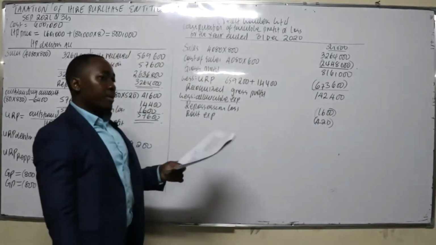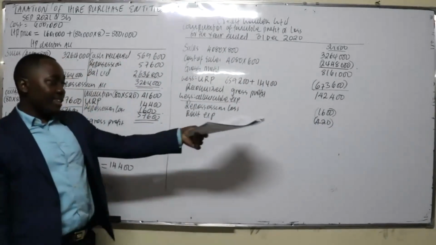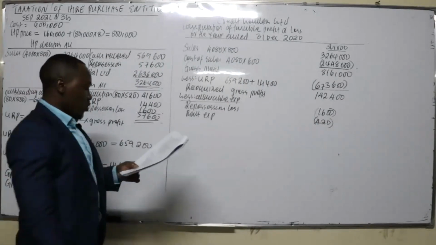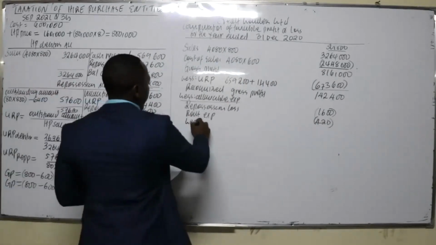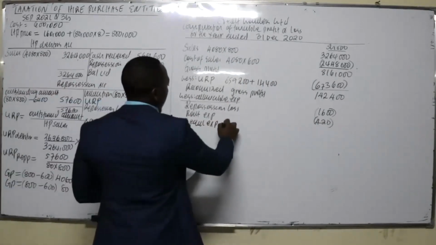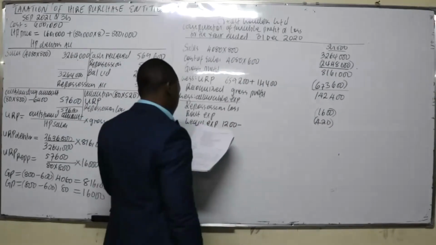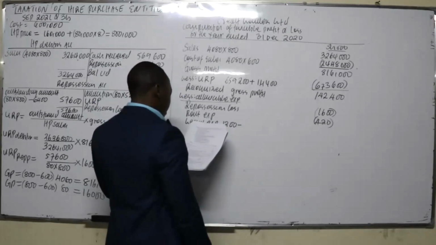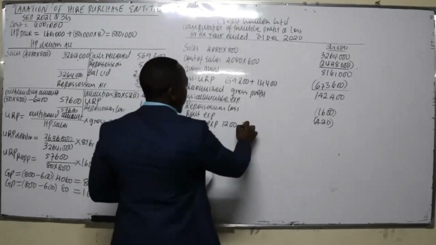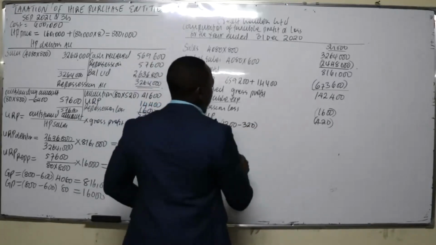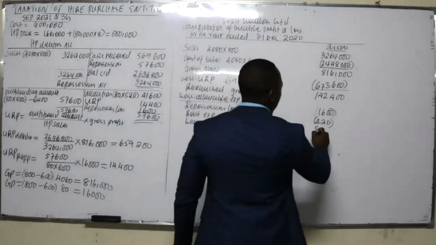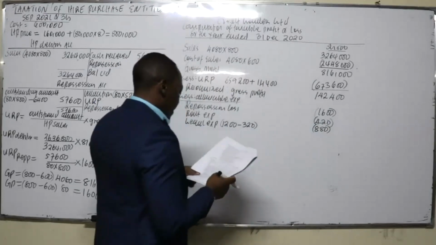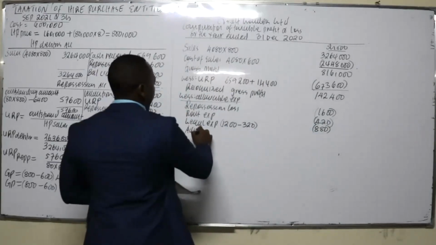Be very keen, don't indicate 20,000. You see our figure is 14,000. Also, there is legal expenses. 1.2 you minus 320, which was in respect of defense against illegal importation of the machine. You get an amount of 880.